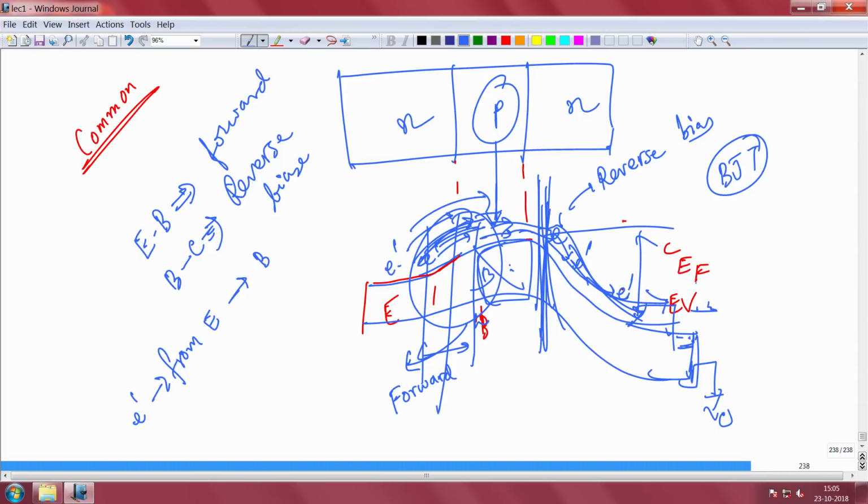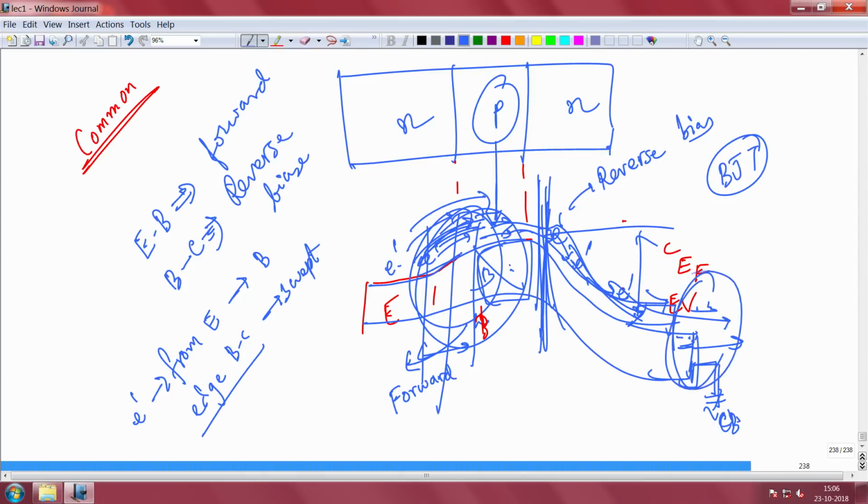The current that you get at the output will be those electrons that have reached here, and that does not depend on the collector voltage you are applying, but depends on the emitter base potential difference only. So, you can tune the current here by changing the base Fermi level. Okay, that is what is happening basically.